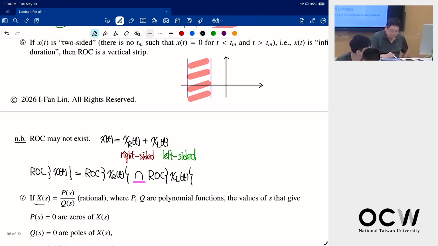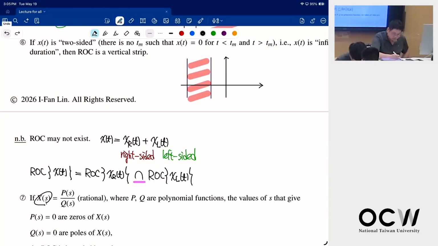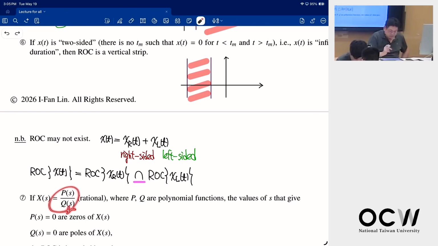If the Laplace transform can be expressed as rational, we just mentioned that we have zeros and also poles.